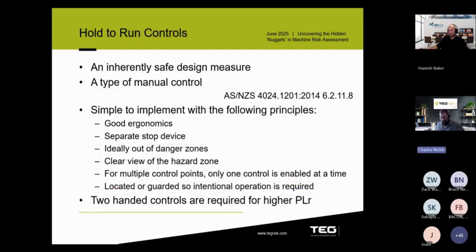Okay, so we'll start into our first element, which is hold to run controls. We actually find that there's a lot of risk assessments and solutions put in place where people say, oh, you need to wrap this thing in guards and put light curtains across it and all that kind of thing. And that can be suitable for automatic operation.